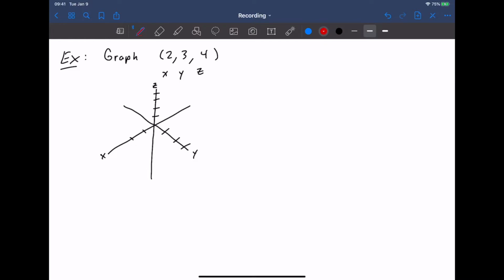We're going to draw a sketch line coming out of x equals 2, running parallel to y. We're going to draw a sketch line coming out of y equals 3, running parallel to x. The intersection of those two lines is the projection of our point.